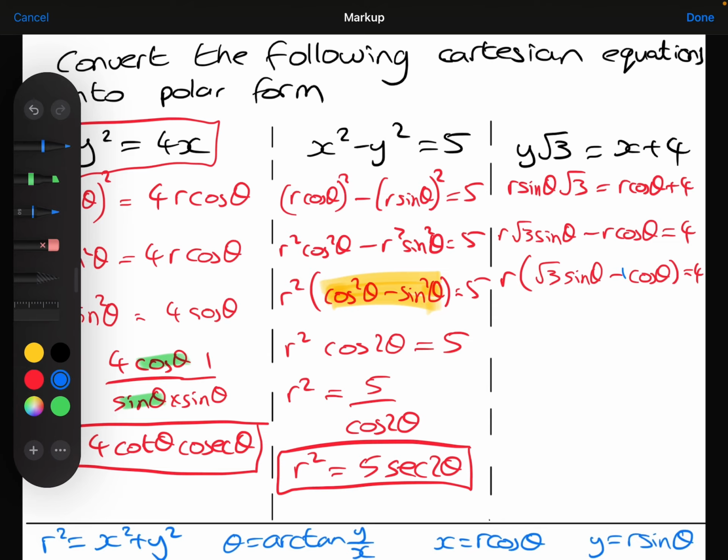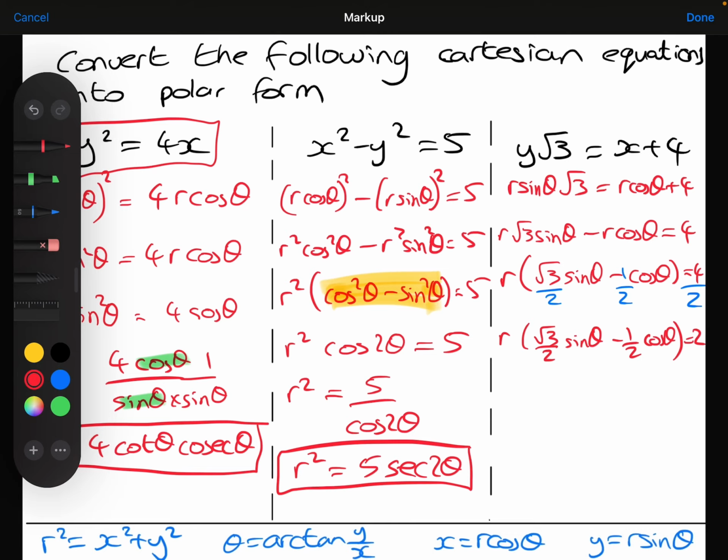So this is why I'm now thinking I'm going to divide both sides of this by 2. The reason why I'm doing that is root 3 over 2, that is an exact trigonometric value. And 1/2, that is an exact trigonometric value.